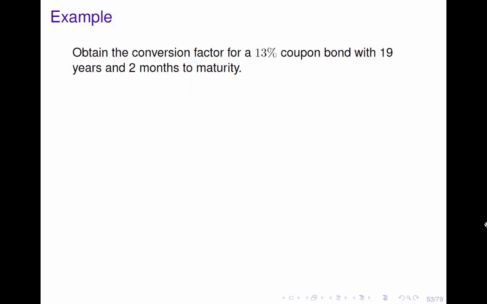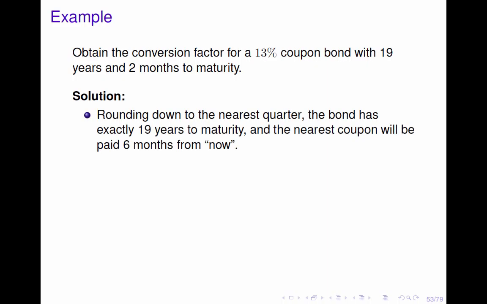The following two examples will illustrate in detail how to calculate the conversion factor for a coupon bond with given time to maturity. First, let's consider the bond with 19 years and 2 months to maturity. Rounding down to the nearest quarter, the bond has exactly 19 years to maturity, and the nearest coupon will be paid in 6 months from now.